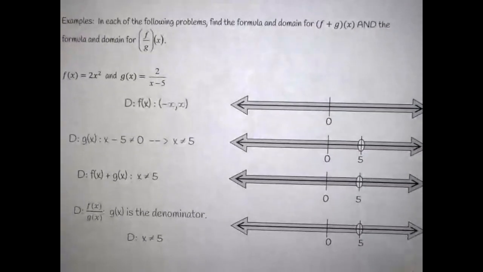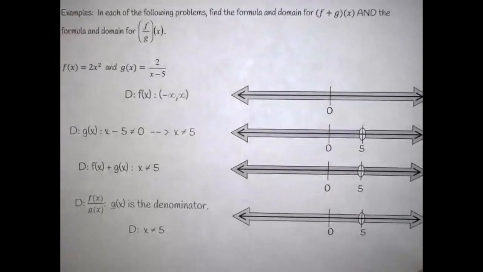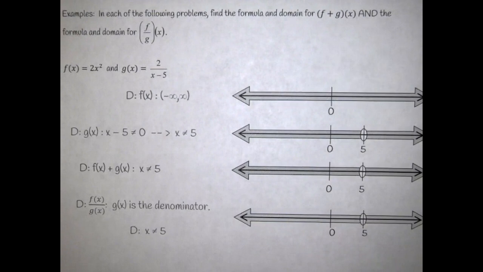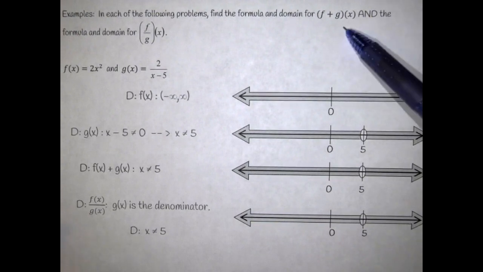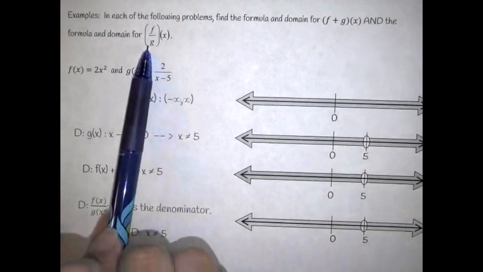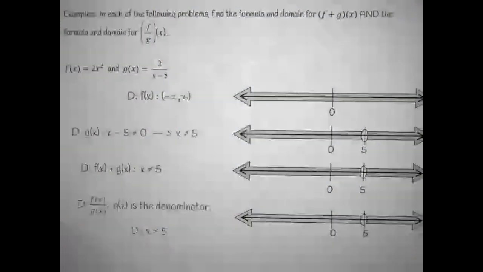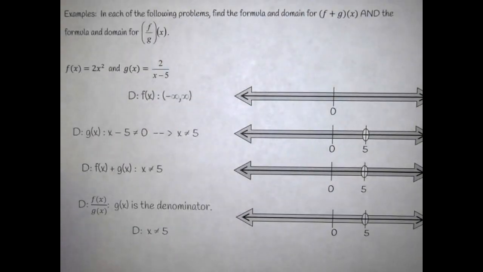Again, to save some time, I've pre-drawn it out so that we can just talk through it. Here, we're asked to do 2 different things. The first is f plus g, and then f divided by g, and in both instances you're asked to find the domain of each. First we need to find the formulas.